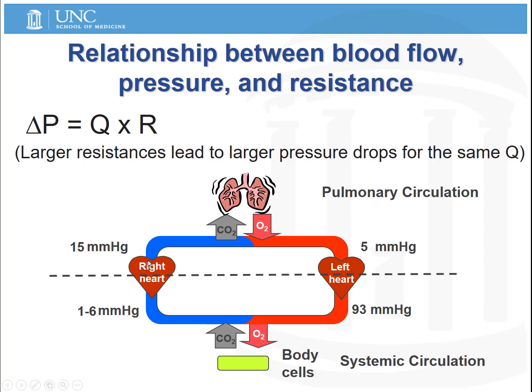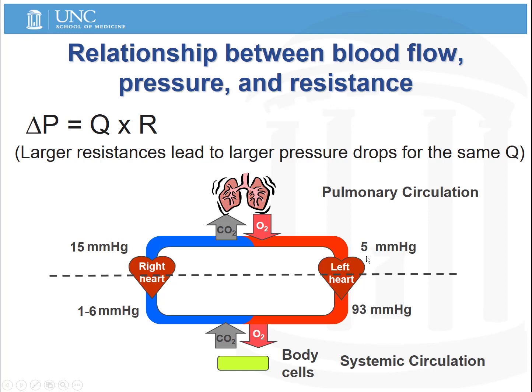And first, you can see we're starting out with a much lower pressure than in the systemic circulation. But not only that, there's also a much smaller pressure drop as the blood flows across the lungs and all the way through that pulmonary circulation down to only 5 millimeters of mercury. So that means that the pulmonary circulation is a low resistance circulation.